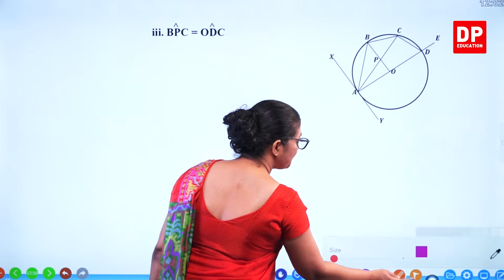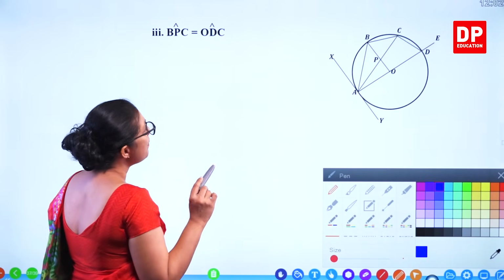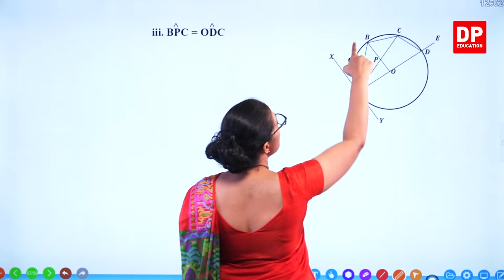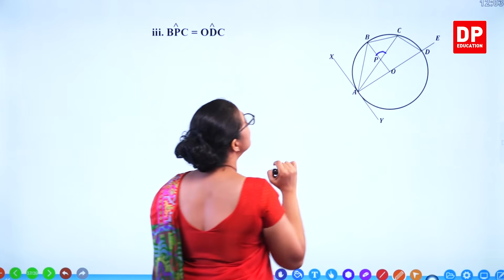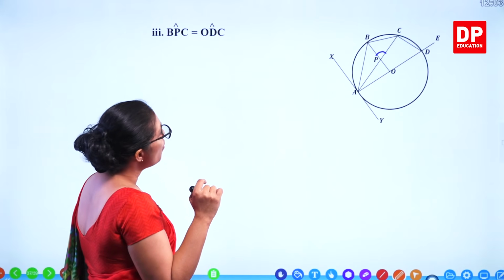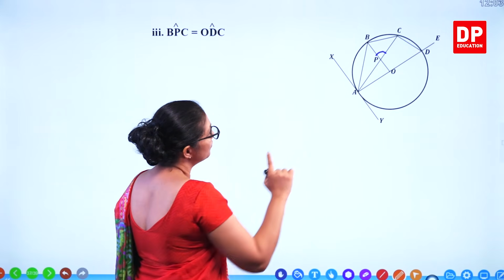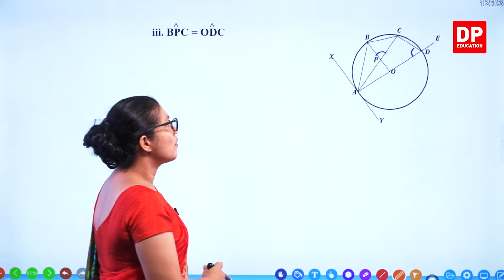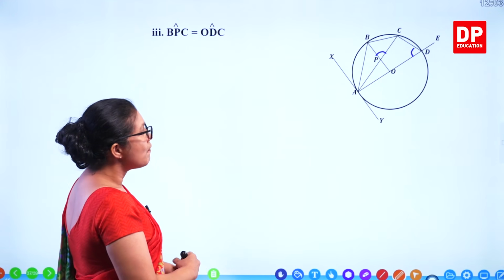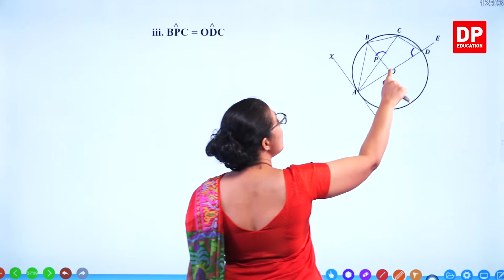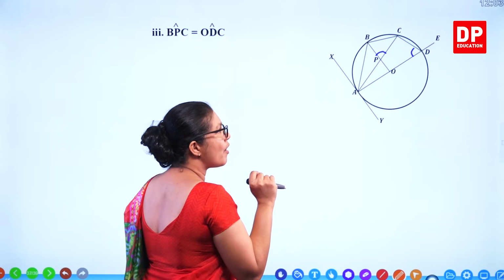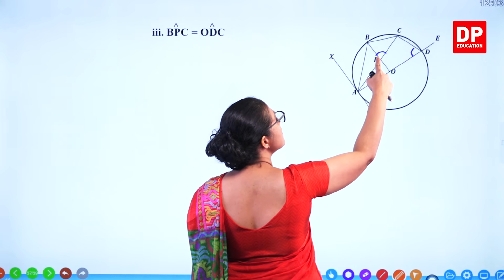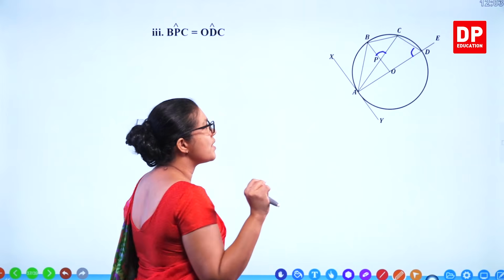Last part, BPC. Where's BPC? This angle is equal to ODC. You have to show these two are equal. If we can show that ODCP is a cyclic quadrilateral, this is the exterior angle of the cyclic quadrilateral, that's equal to the opposite interior angle.